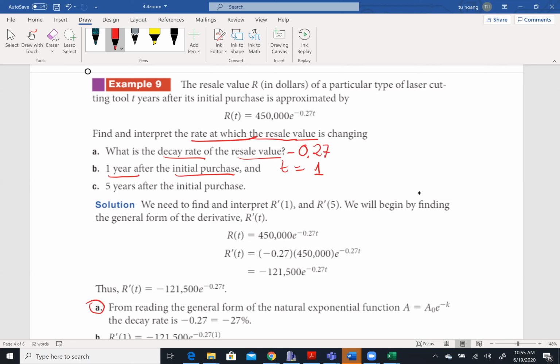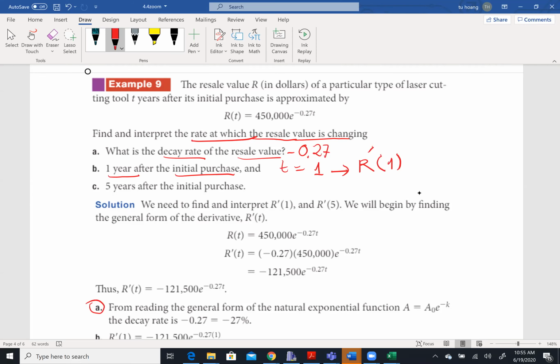In order to find the instantaneous rate of change at this point, you actually have to take the derivative of the resale value. So you are taking the derivative of R at t equals 1. You first need to find R prime and plug in 1 into it.